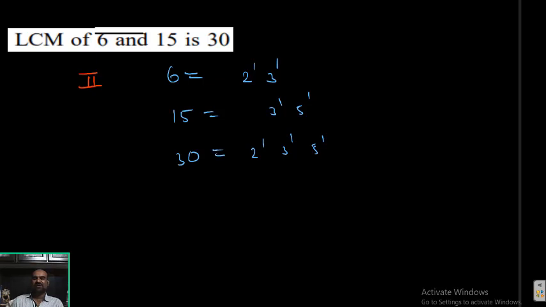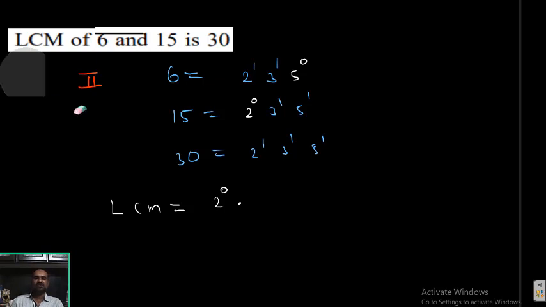According to the second method, we need to write all prime numbers here. Here 5 is there, 5 is there, here 5 is not there, I will write 5 power 0. Here I will write 2 power 0.